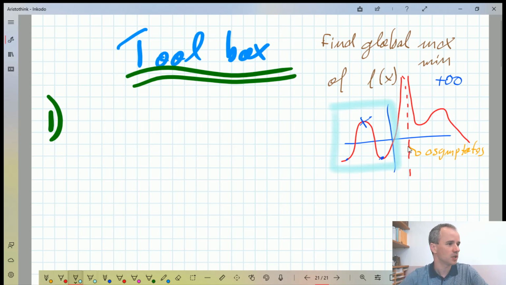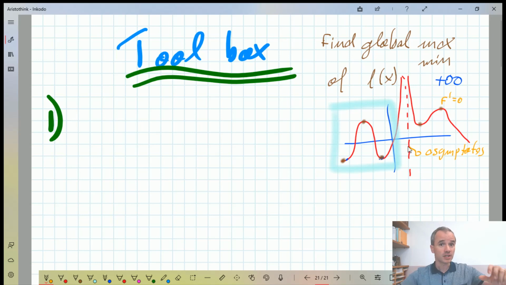I'm going to change, let me put brown. So what about those points? Those points are where the first derivative is 0.